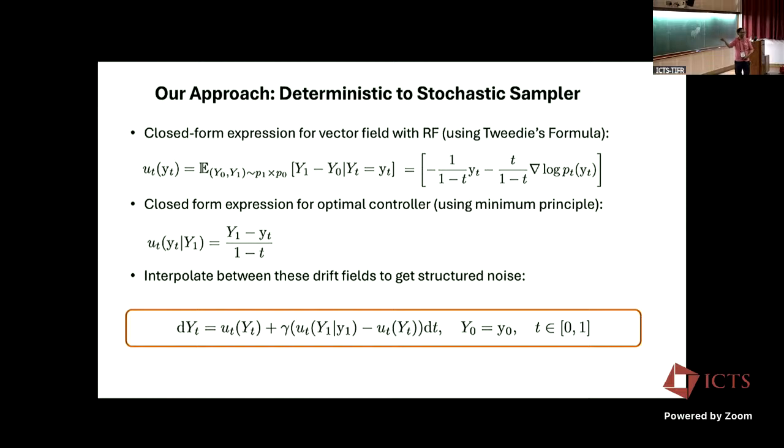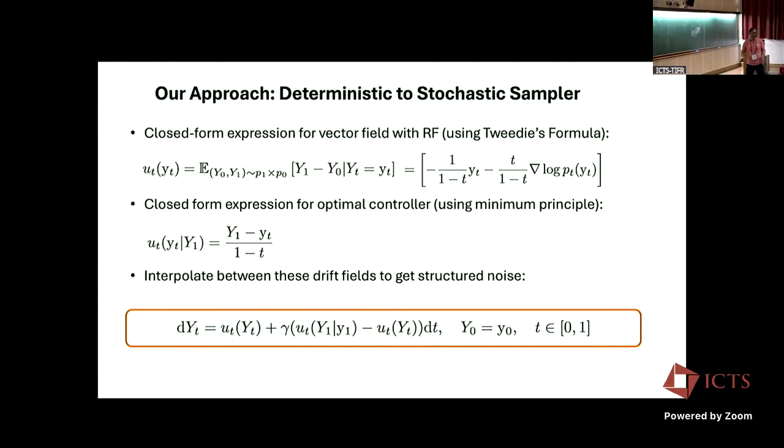It's a trivial solution, not very deep at all. That's all the optimal controller is here. You're just pulling it towards y1. And what we are doing is interpolating between these two. This one makes sure you're pulling it back towards the image, keeping the features you have. The other is the flux controller.